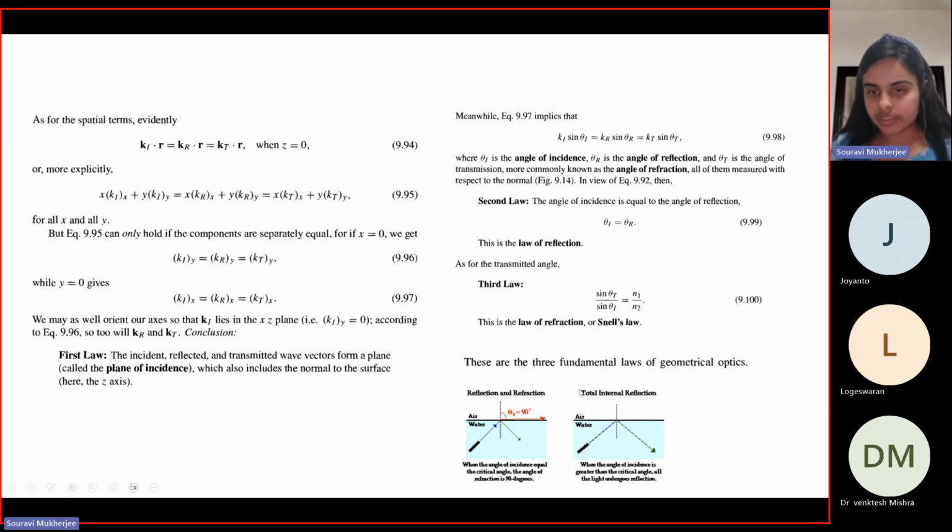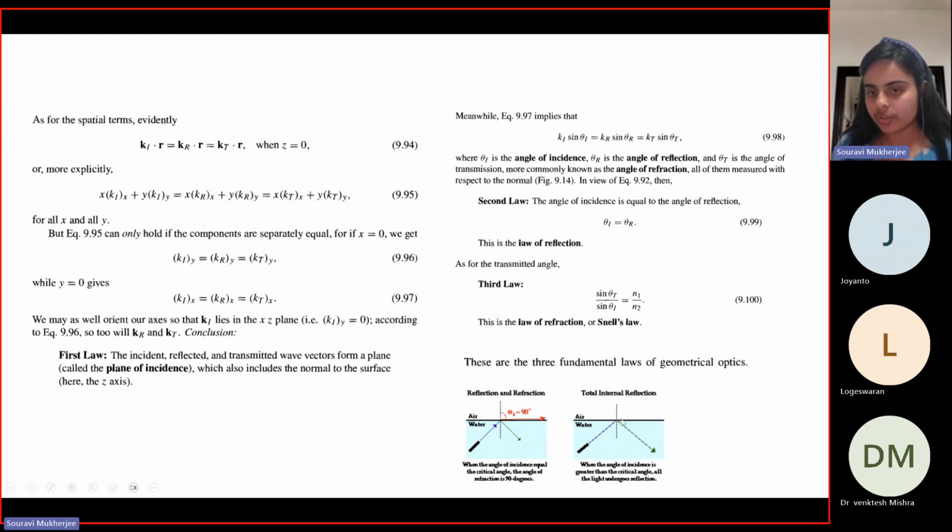Now, one important thing to note is total internal reflection. For a particular angle of incidence, if your angle of refraction goes to 90 degrees, that is called the critical angle. If your angle of incidence goes beyond the critical angle, all of the light is reflected back. Later we will discuss this further, where we'll see that when light is incident at an angle greater than the critical angle, the transmitted wave is actually an evanescent wave, whose amplitude keeps on decreasing.